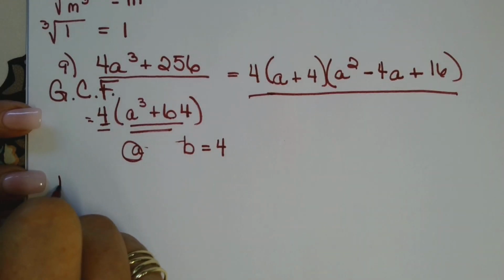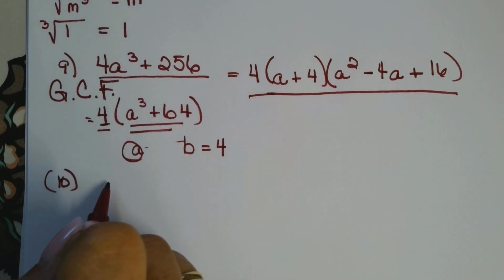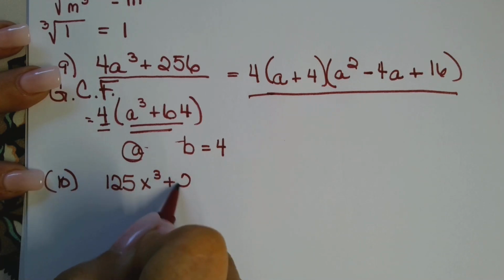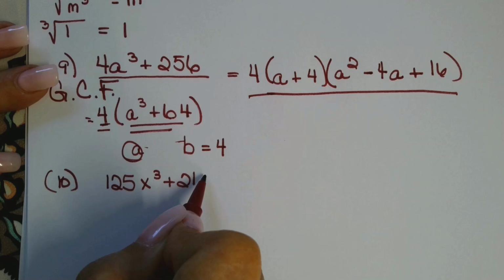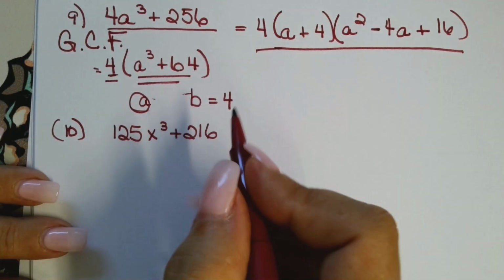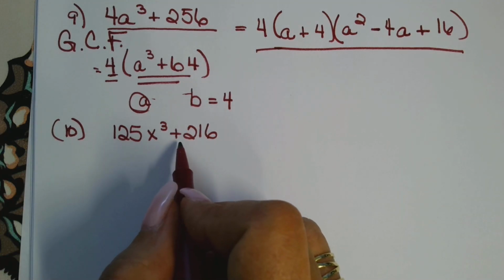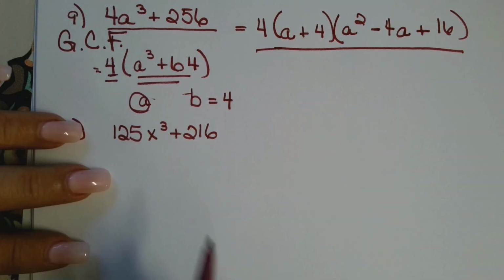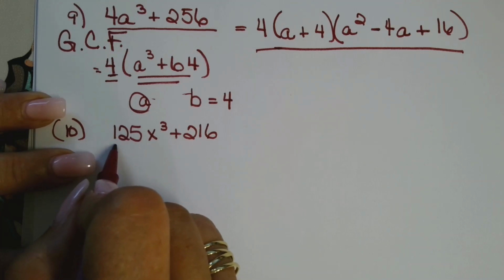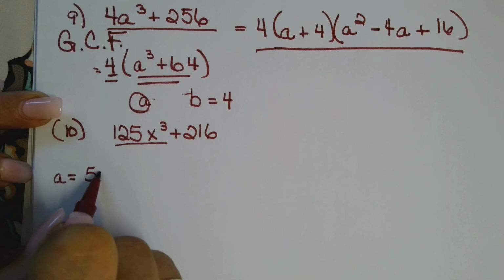All right, number 10. For number 10, we have 125x to the third plus 216. We can see that this is perfect cubes also. The cube root of this whole thing, which we're going to call a, is 5x.